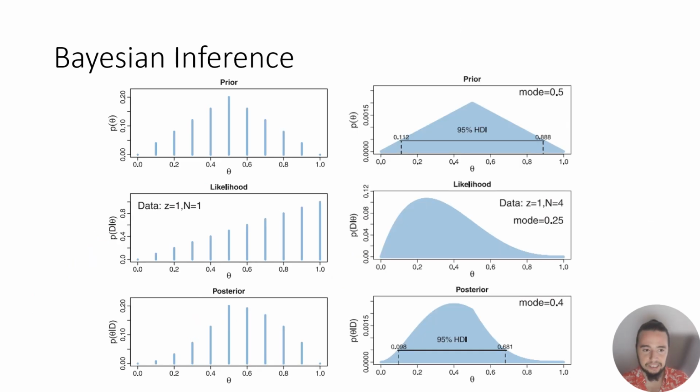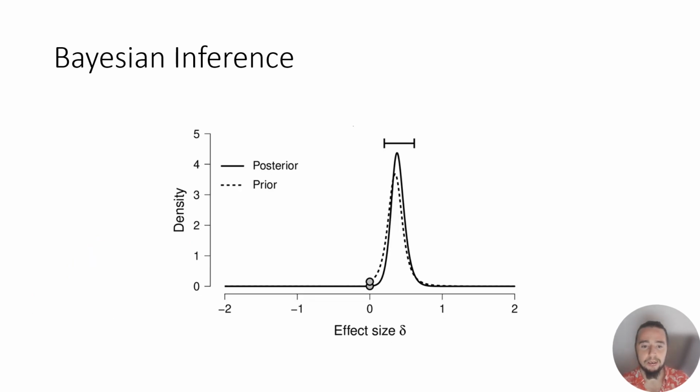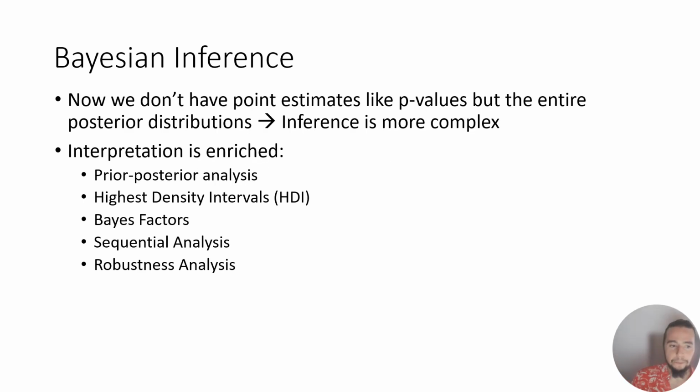So we have these examples with discrete and continuous variables, and also these examples of prior and posterior. So now we don't have point estimates like p-values, but the entire posterior distributions to describe. So the inference is more complex, but also enriched because we can do some things that normally we cannot do with NHST.